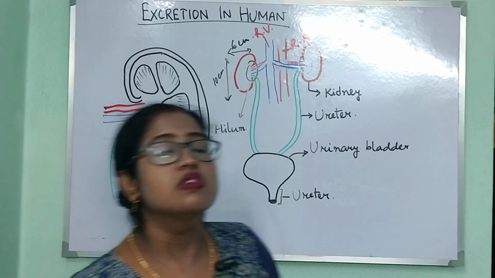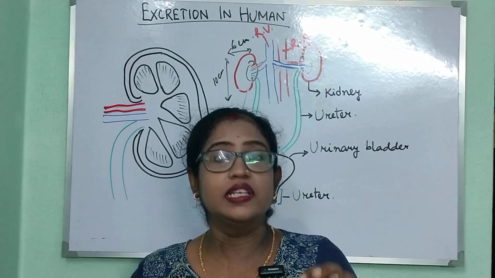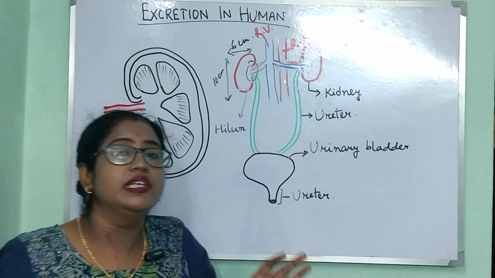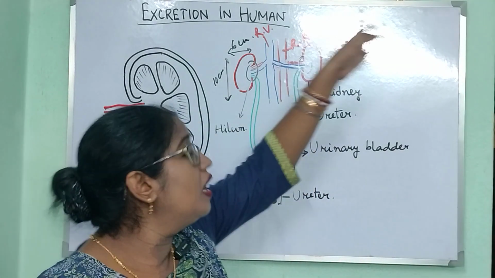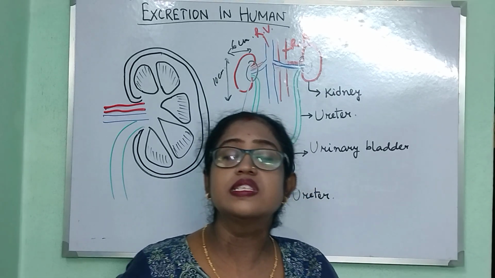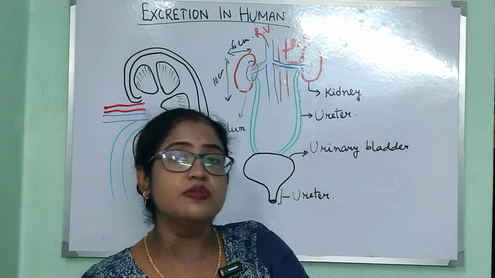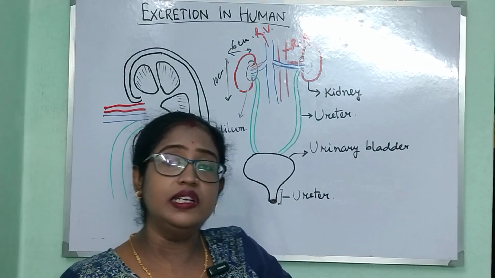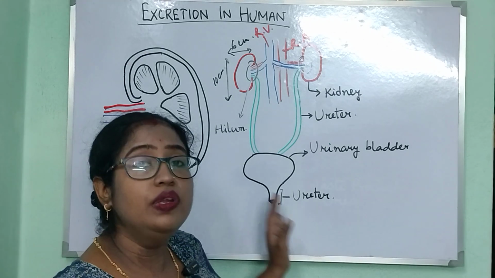As it is a vein, it contains deoxygenated blood, but the blood is purified, meaning the blood doesn't contain any kind of waste material. Though the renal artery contains oxygenated blood, it also has waste material in it. And the renal vein contains deoxygenated blood, but it is purified.